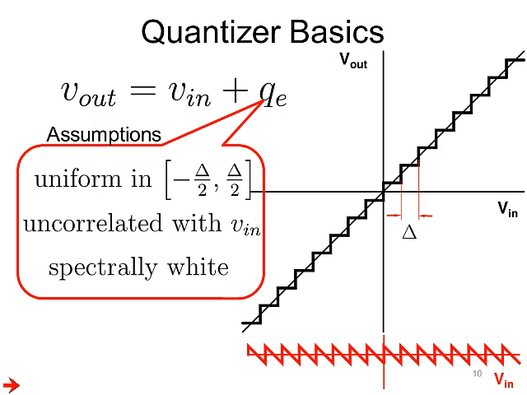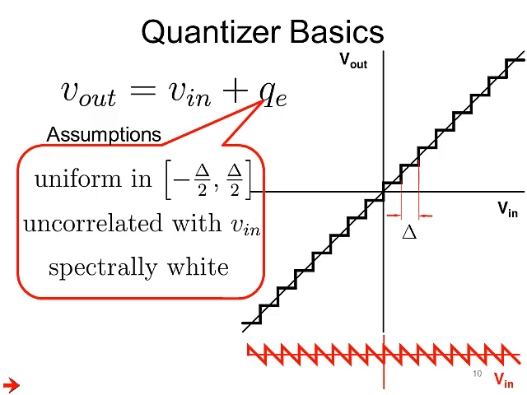The quantizer has an input-output characteristic as shown in the black staircase. Being a nonlinear characteristic, it is still possible to write V out as V in plus some quantization error.